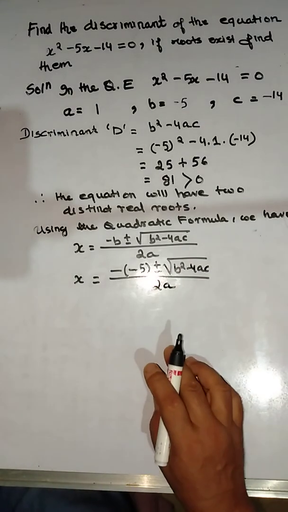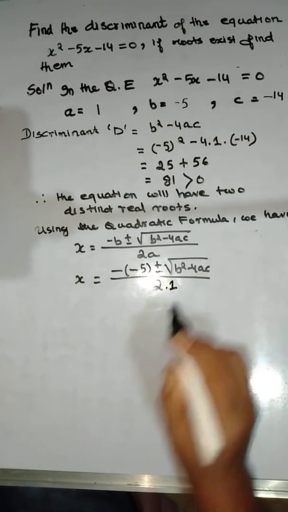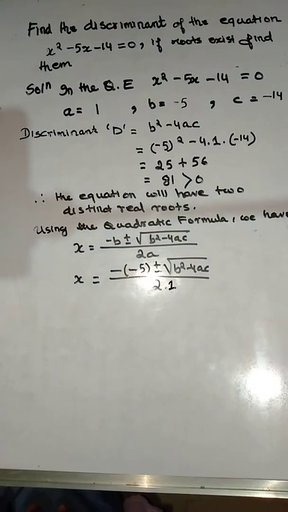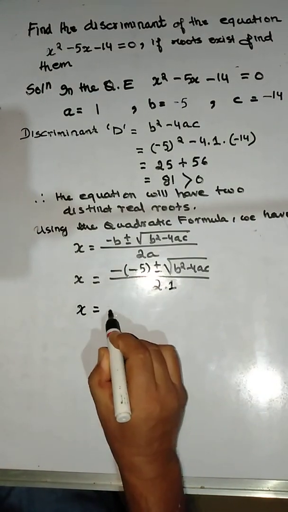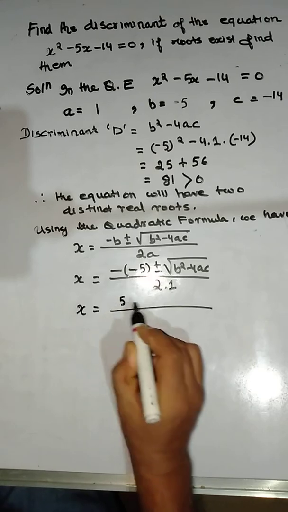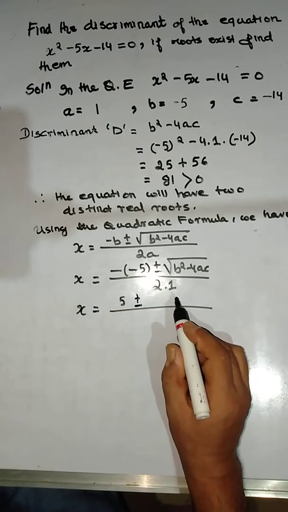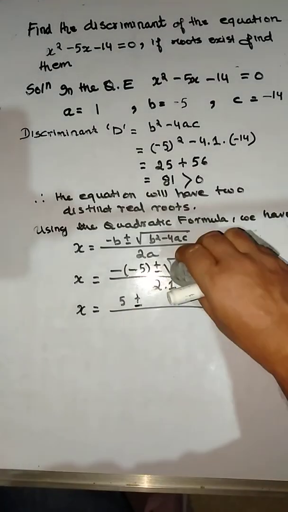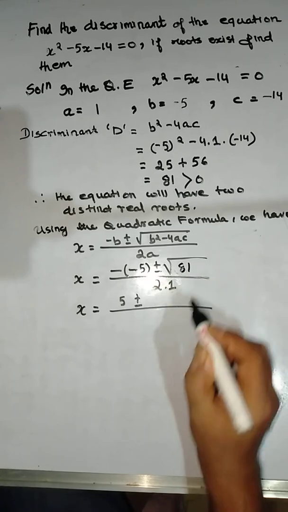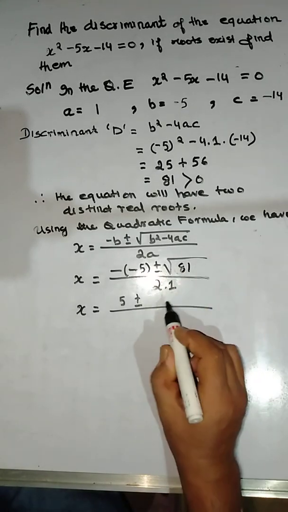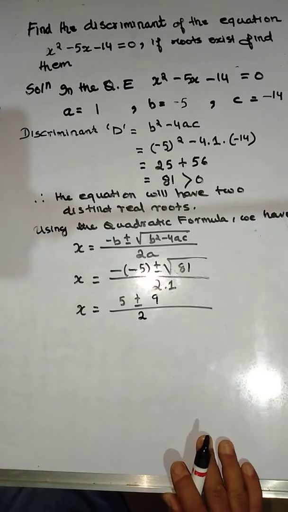I'm sorry, you put 2 into 1, which is the coefficient of x squared. Now here, x is equal to, minus into minus, you have your 5, plus minus the square root of, there is supposed to be 81, we already got that, 81, so the square root of 81 will be 9 upon 2.